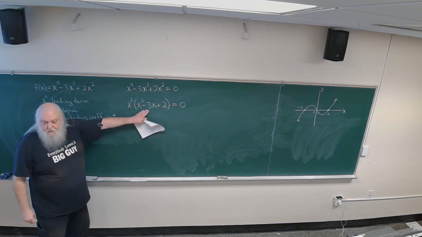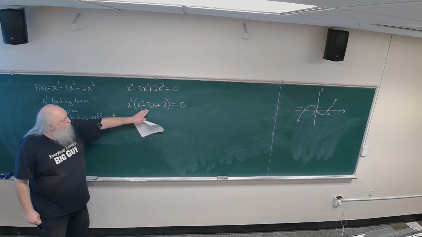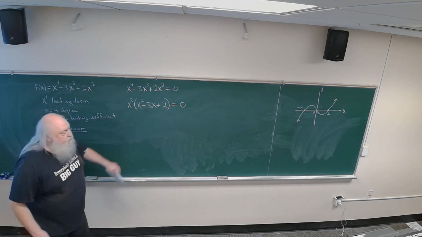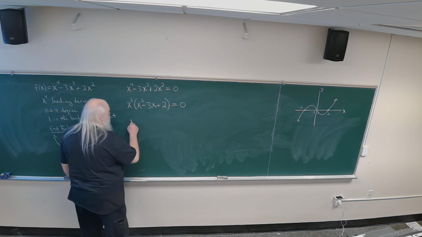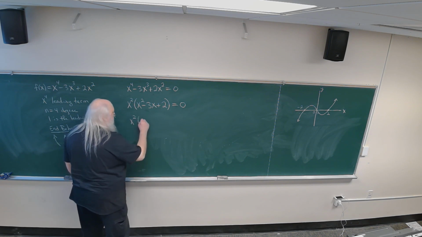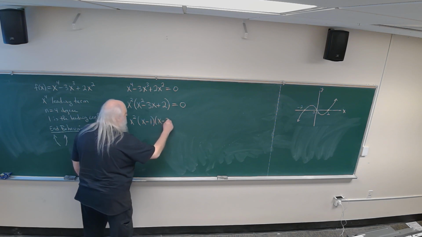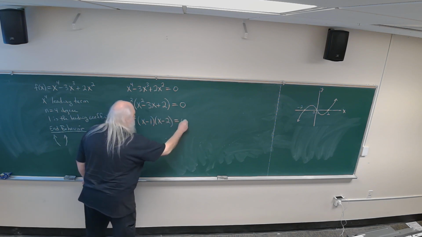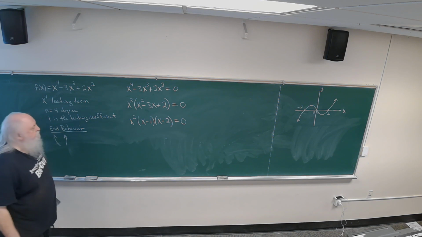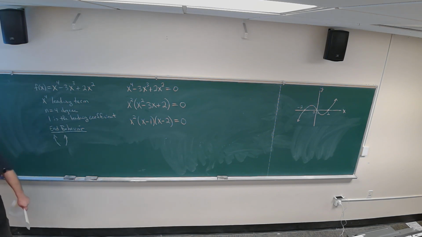And then this trinomial inside the parentheses factors with whole numbers. You have x squared times x minus 1 times x minus 2. Everybody agree with me?